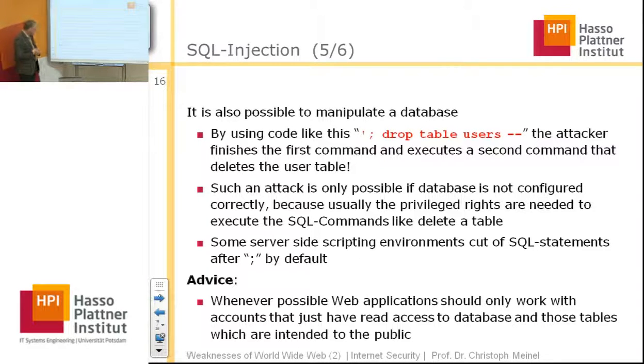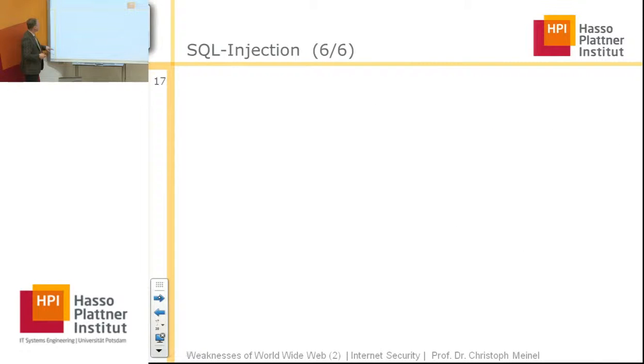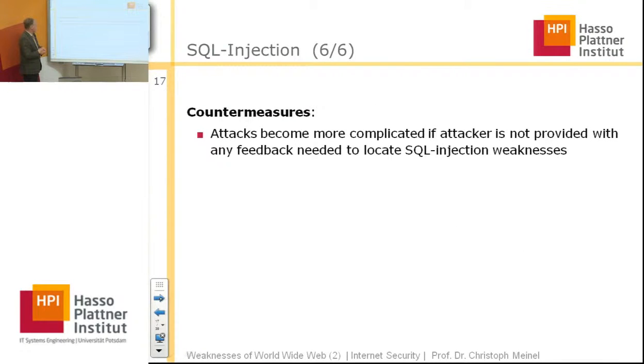So what is the advice? Whenever possible, web applications should only work with accounts that just have read access to the database and to those tables which are intended to be public. Because then, even if the attacker can perform such an SQL injection, he cannot cause big damage. He can try to get access to the data, he can view and read the data, he or she, but cannot manipulate or delete the data. There are more countermeasures.